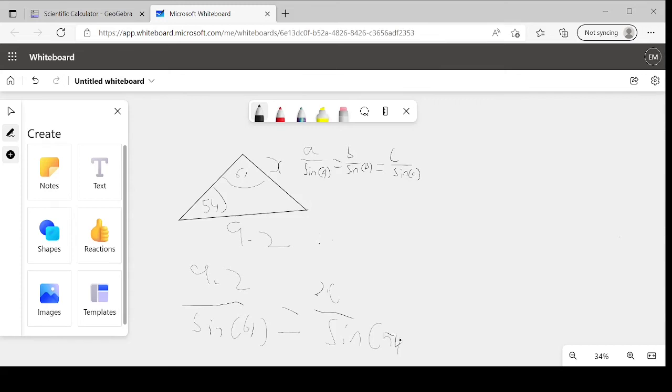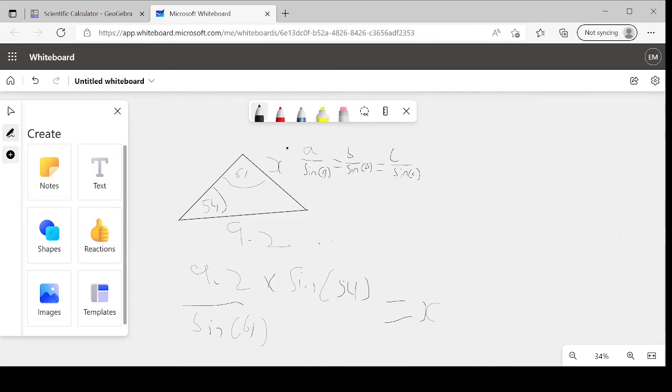Now we can just do exactly as we've done before and multiply out the sine of 54, so that we would get 9.2 multiplied by sine 54, and we know that that must be equal to x. And that is all that you have to do.